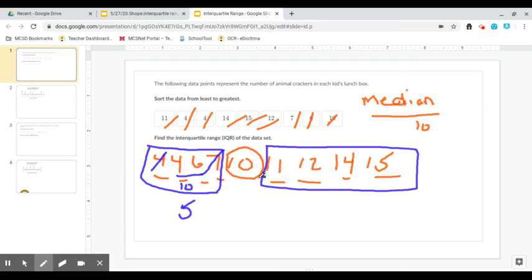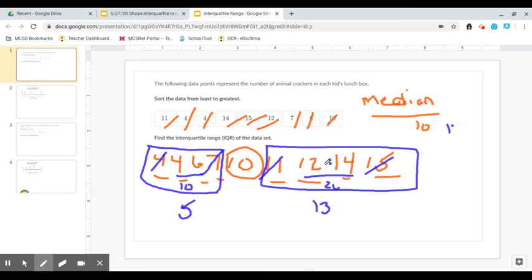Now we've got to find it over here. 11, 15. We have 2 in the middle. Add them up, you get 26. Half of 26 is 13. Or, if you knew, 13 has to be in the middle of 12 and 14. So we have our numbers of 5 and 13. Those are our interquartile numbers.